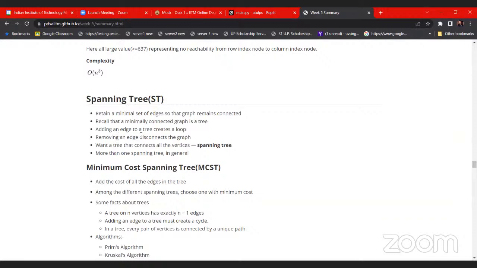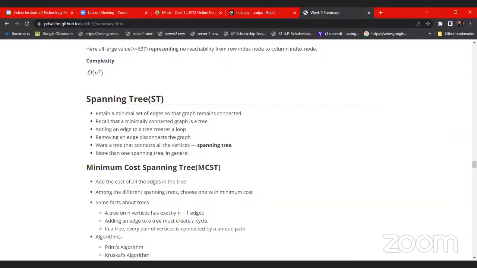After creating this tree, if we add any edge to our graph, that will definitely create a cycle or loop. Removing an edge disconnects the graph. So from this tree, if we remove more edges, then definitely the graph will become disconnected. We want a tree that connects all the vertices, called the spanning tree. There can be more than one spanning tree in general.